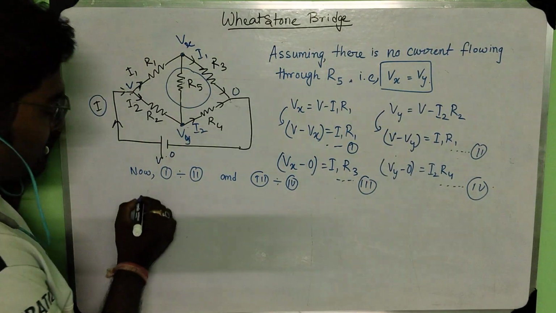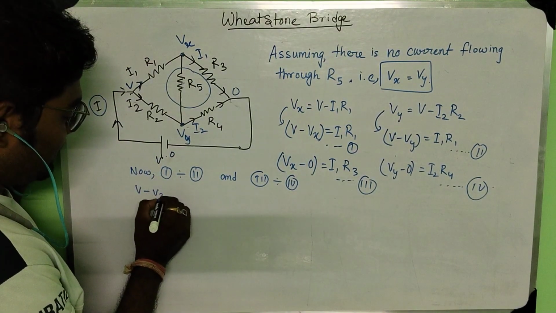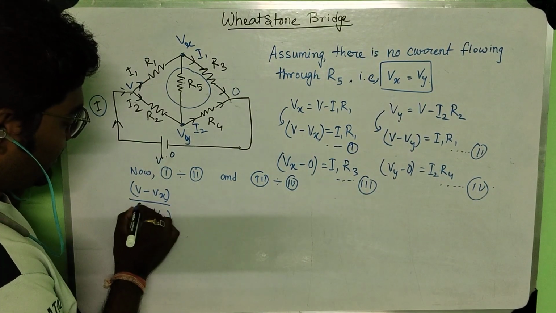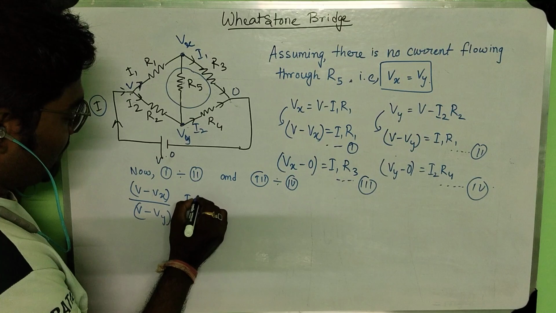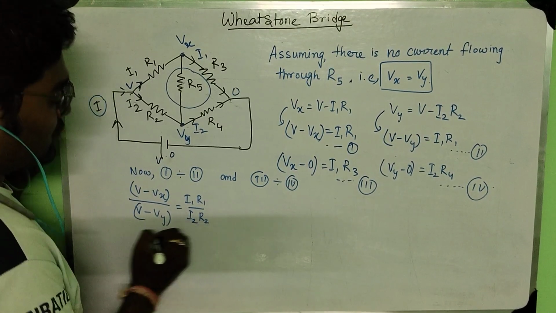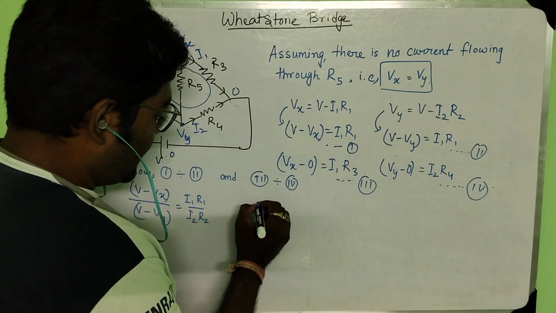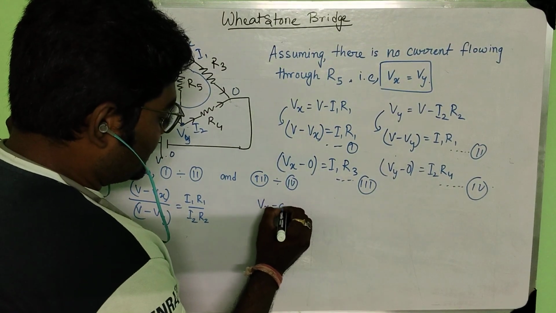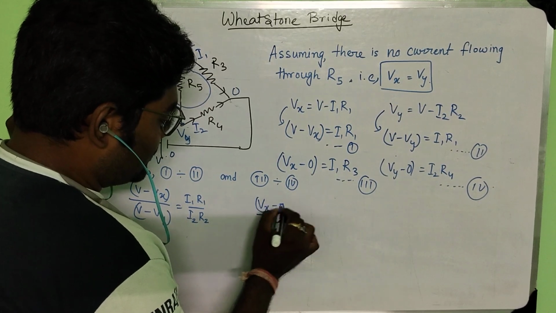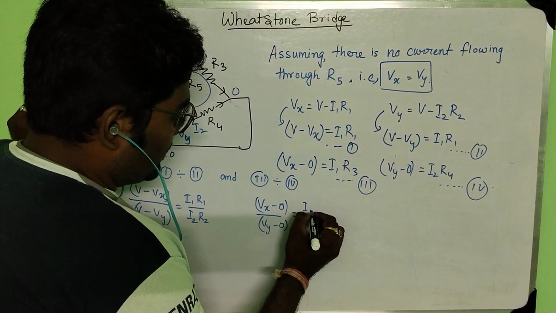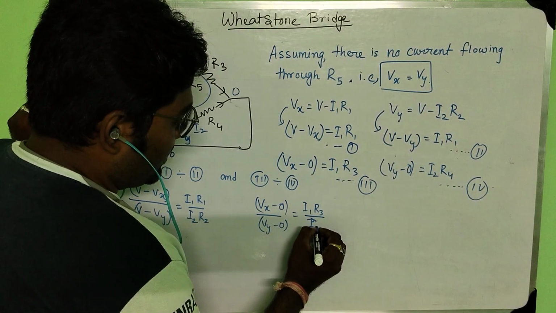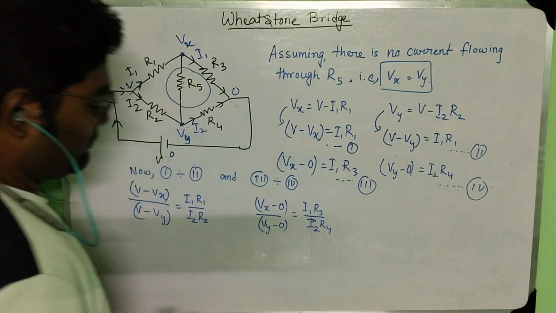So what I can write: V minus Vx by V minus Vy equals I1 R1 by I2 R2, and here I can write Vx minus 0 by Vy minus 0 equals I1 R3 by I2 R4.